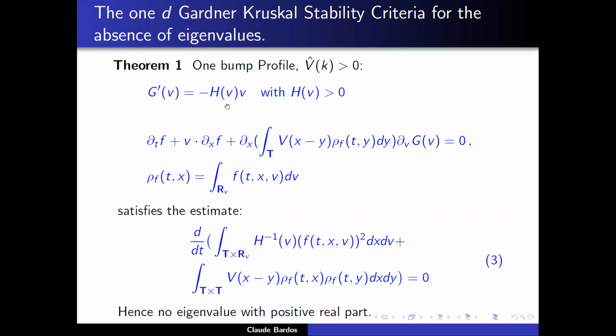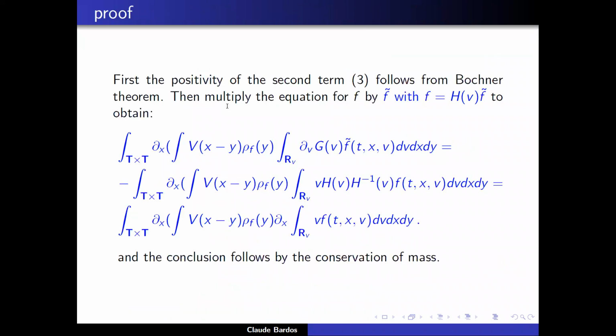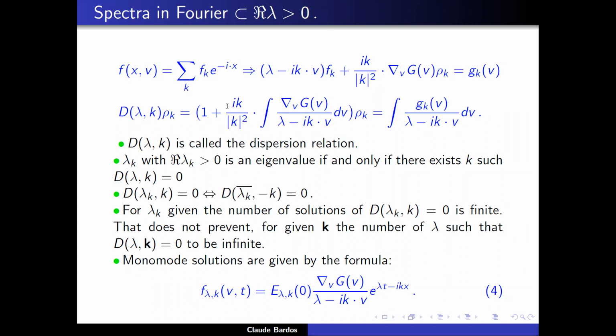Okay. Now, after that, I will move further in the analysis of this eigenvalue whenever they exist. Since it's a problem which is done in 1D, and since the capital G is independent of X, I can use a Fourier decomposition, writing the density as the sum of rho k exponential ikx.